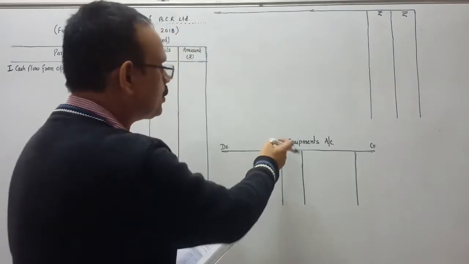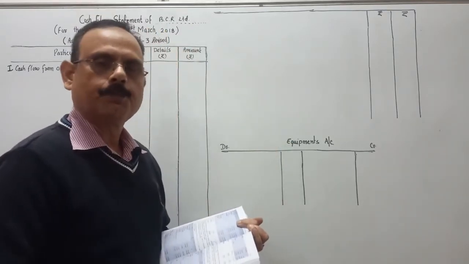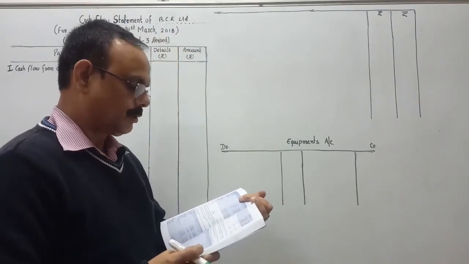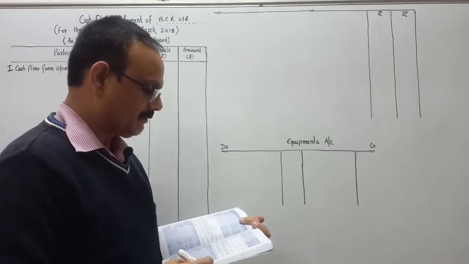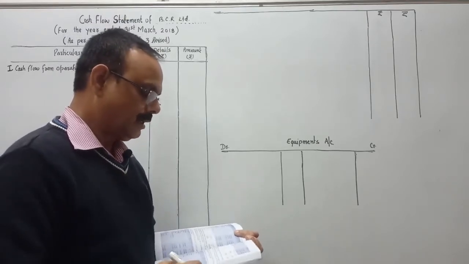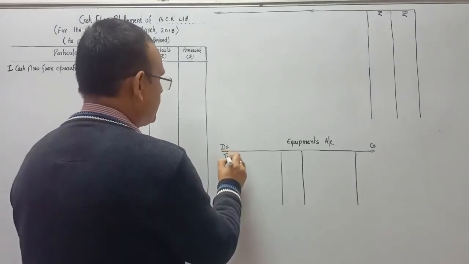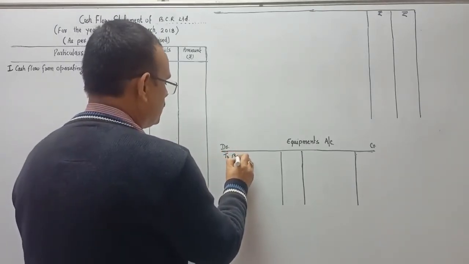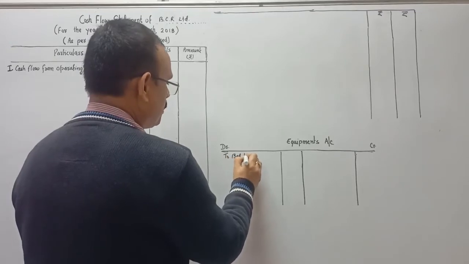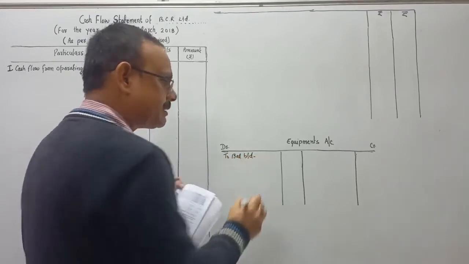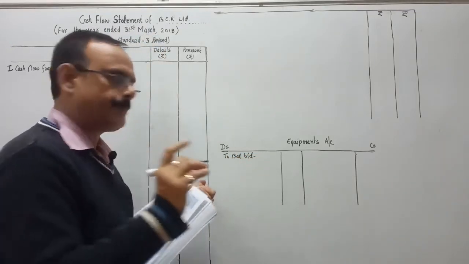So in the working note, you prepare the ledger of equipment first. So equipment which is given in note number 1, the opening balance of equipment, you write it this side, to balance brought down. Equipment is the asset, all assets have a debit balance.